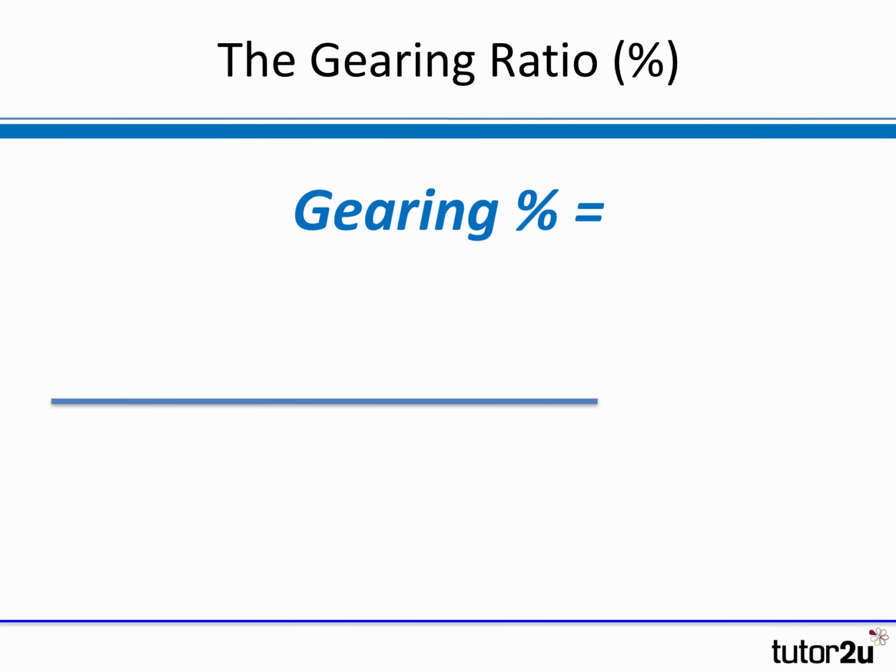So let's continue our journey on gearing by looking at perhaps the most popular, certainly the most common ratio around gearing, called the gearing ratio percentage or the gearing percentage. It's a simple calculation. Normally you'll be given these numbers rather than having to calculate them from the balance sheet.